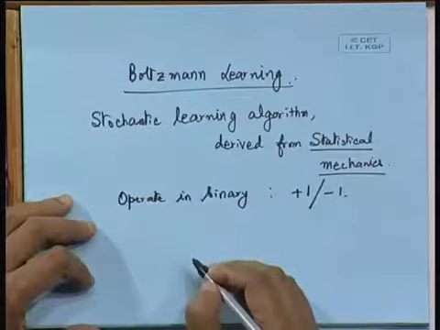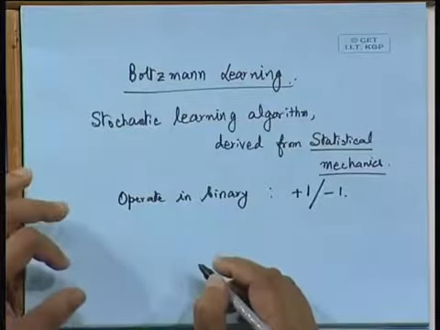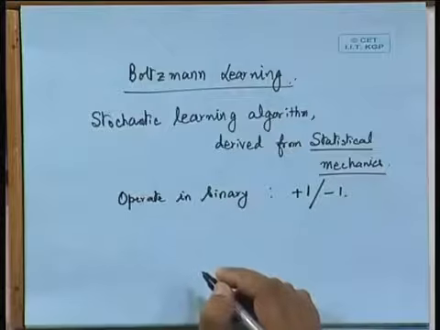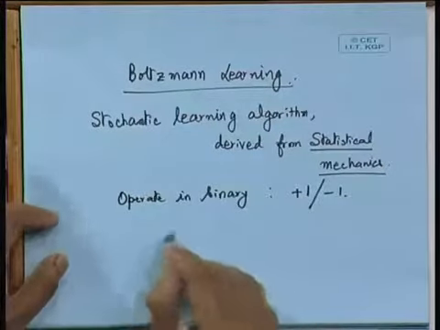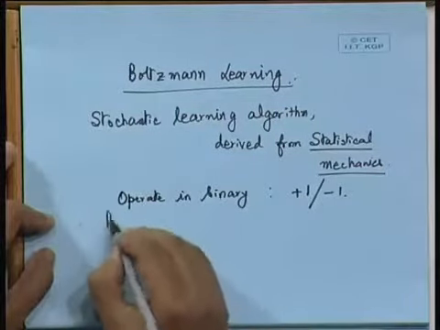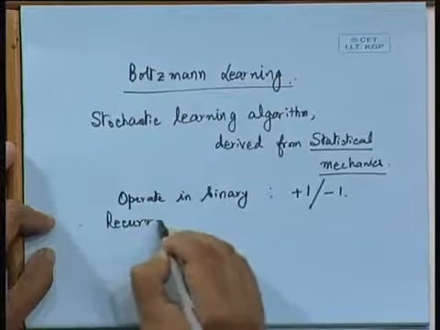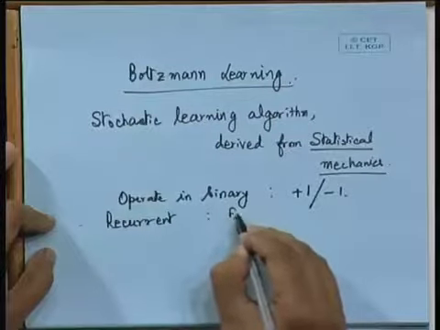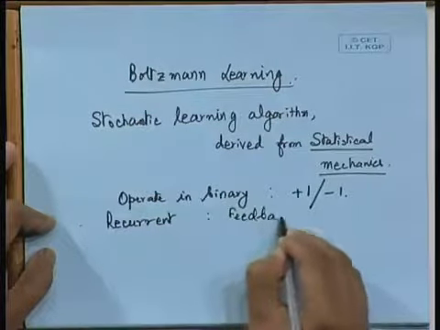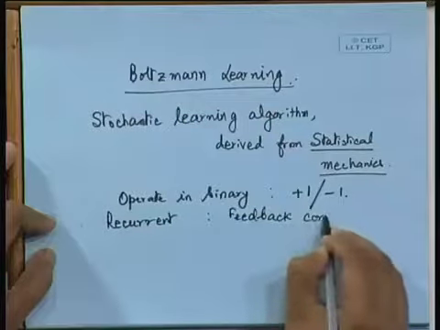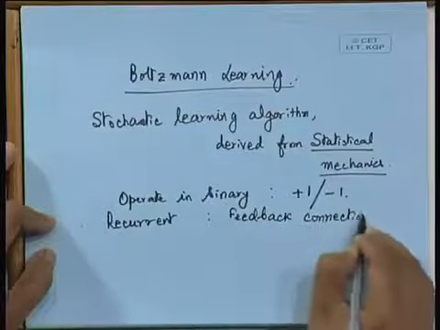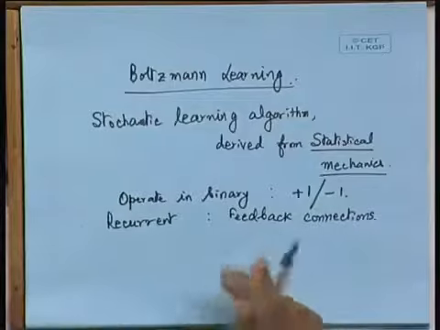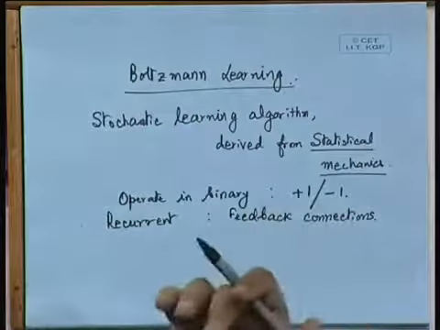Now, we can characterize this kind of machine by an energy function. This is recurrent, meaning that we are going to have feedback interconnections amongst the neurons, I mean feedback connections between the neurons as also self feedbacks, that is also included.